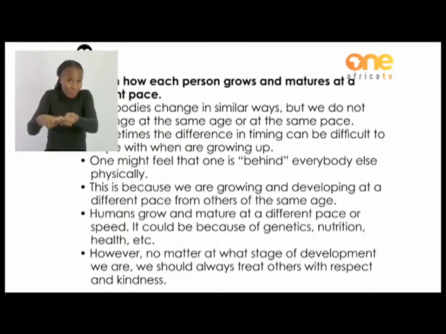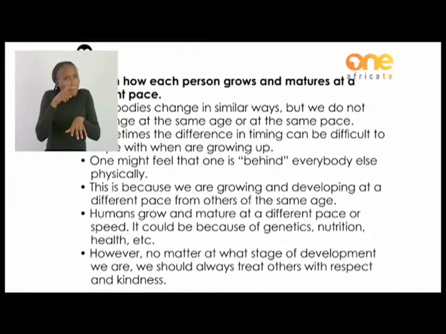It can be nutrition. Because of what we eat, we don't eat the same thing every day, or different houses have different meals. It can also be because of health. Some people might have different diseases that can prevent them from growing fast, which is maybe making them grow very slowly.